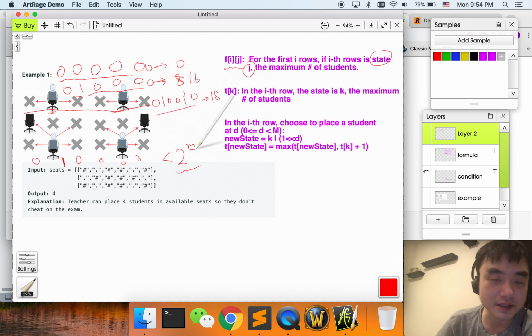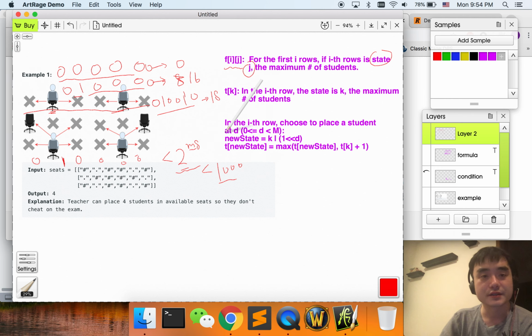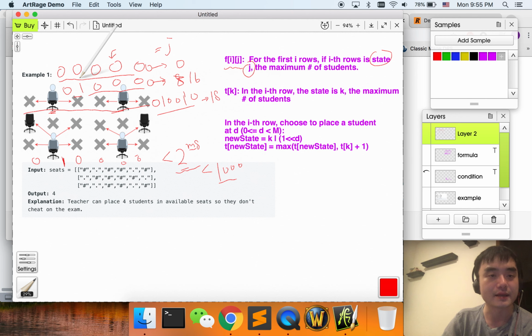So m here is as large as 8, so it's not so big, less than 1000, right? It's still a small number. So if the ith row state is j, j is a decimal number which we can transform into a binary form, and that number can represent this row's state, right?